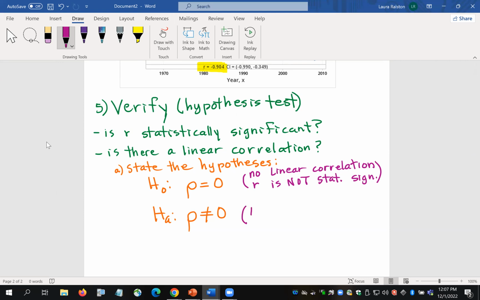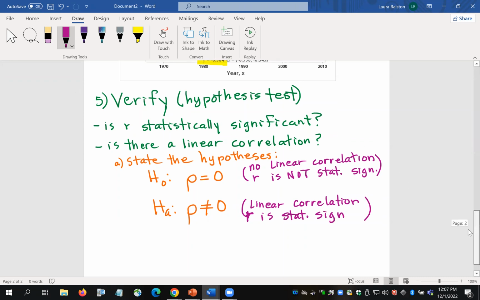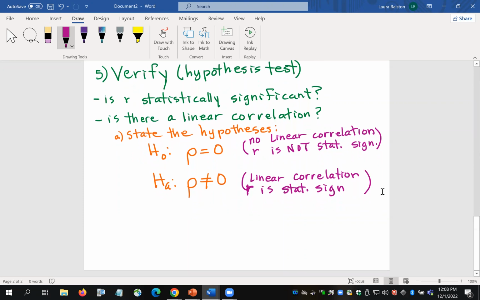If rho does not equal 0, that means there is a linear correlation, and R is statistically significant. Now, again, you really only have to write or express what is in orange, okay? But you need to know or understand how to interpret that.